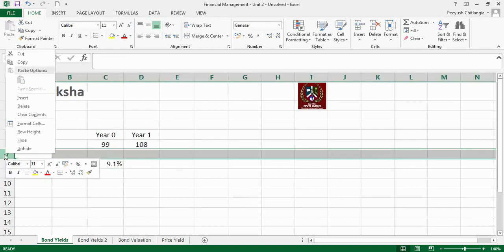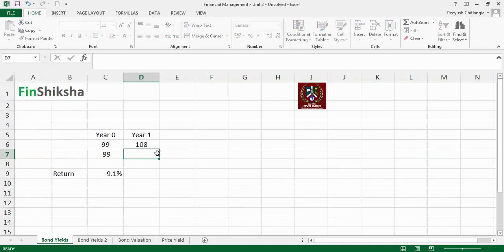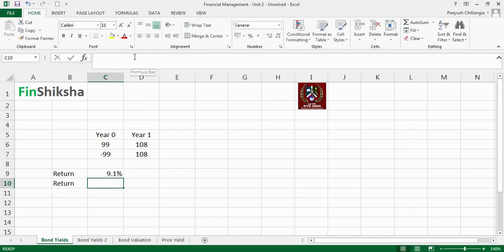If I had, let's just insert a row here, put in the first outflow as minus 99 and the second one as 108, could I have calculated the return using some function? Remember, we had used this function called IRR. So IRR is nothing but, if we put in these two values, it should give us the same value, right?